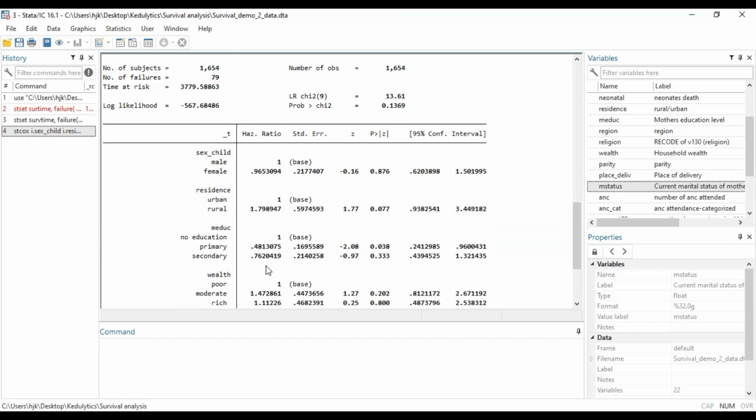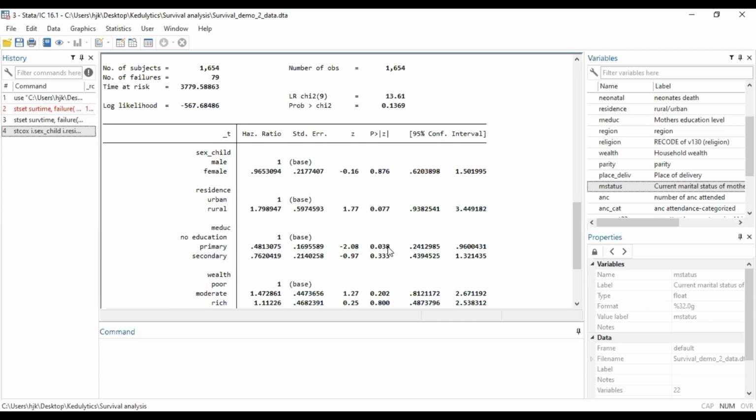We can equally do the same for all of this. But unfortunately, these p-values are not statistically significant, and so our inferences may not make statistical meaning. And so we only focus on this one. You realize this hazard ratio is lower than one. So it means that there's less likelihood of dying among those with primary education compared to those without.